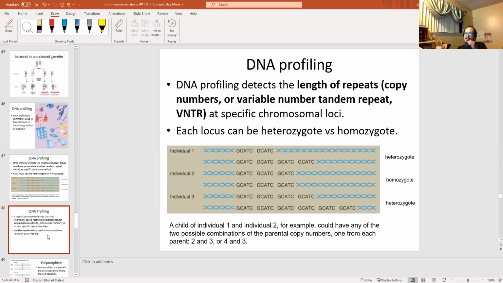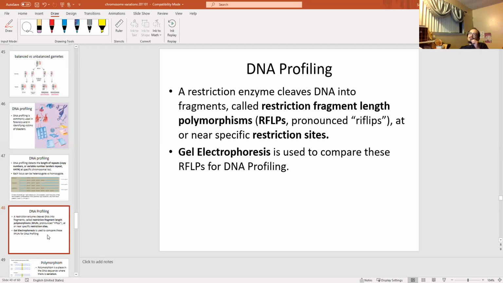Then the fragment is called restriction fragment length polymorphism, or RFLP for short. And then we run these RFLPs through the gel electrophoresis, and then we compare their location. And that indicates the molecular weight of each of these RFLPs.